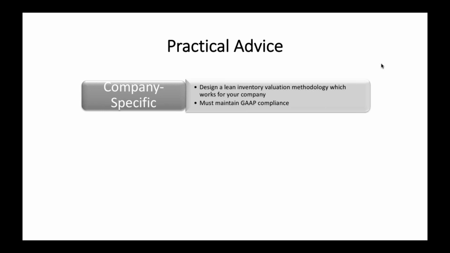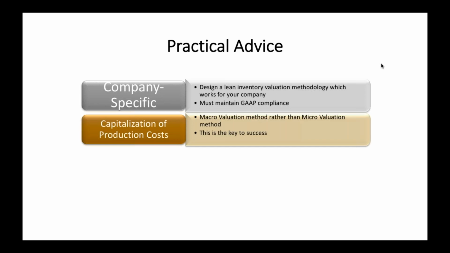The goal is to have a simple system but maintain GAAP compliance. The key to simplifying inventory valuation is the capitalization of production costs, a macro valuation method rather than a micro valuation method. This is really the key.